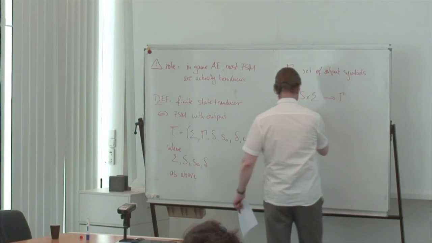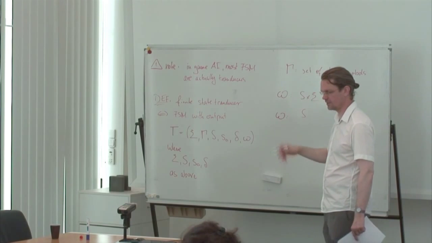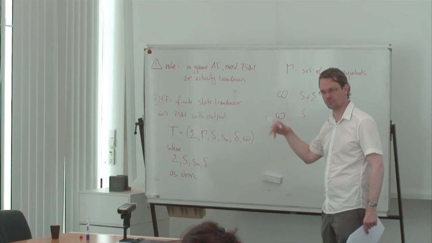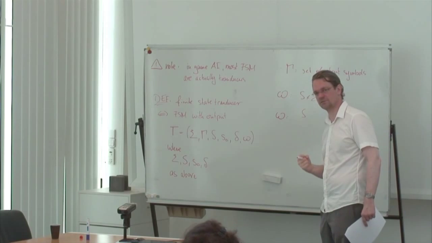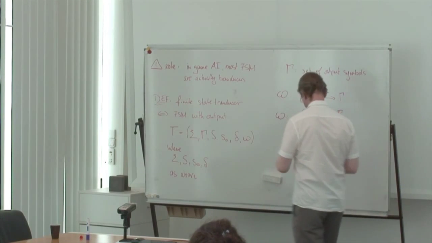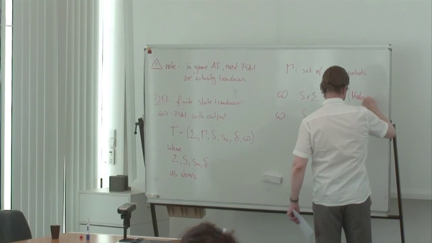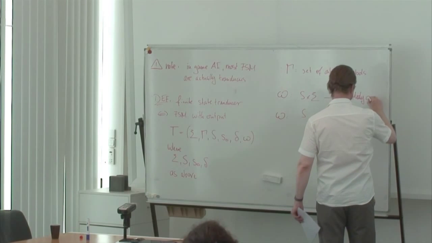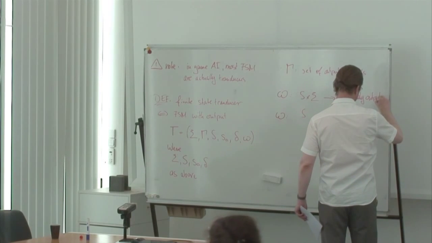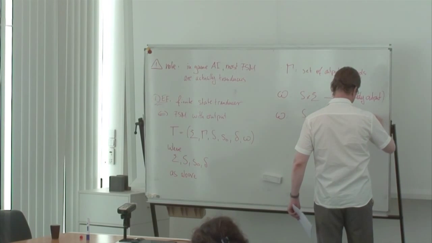Or we could say, well, it doesn't matter what we are actually reading, the output only depends on where we are, what state we are in right now. So basically just from S to gamma. I have to be careful, this is called a Mealy output function, and this is called Moore output.